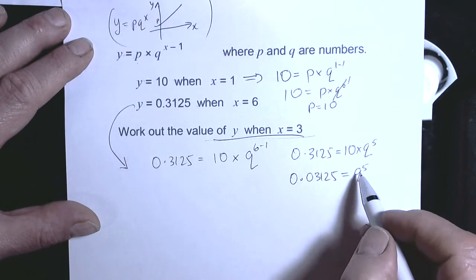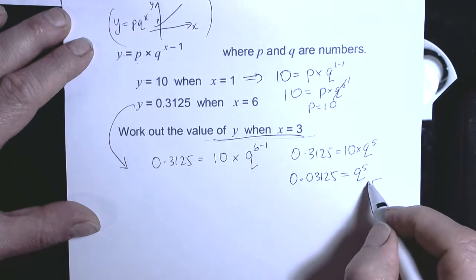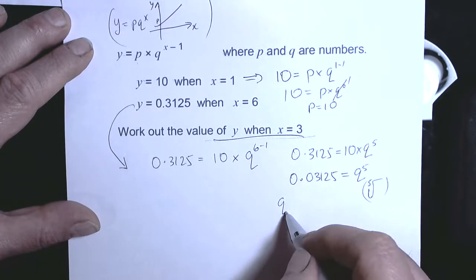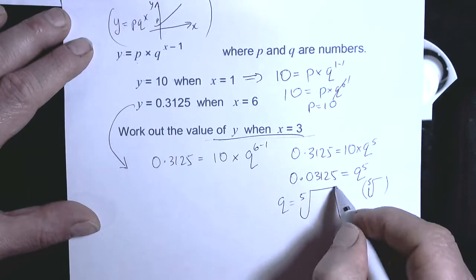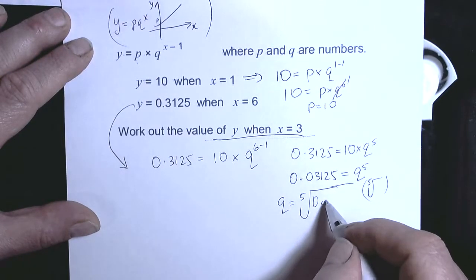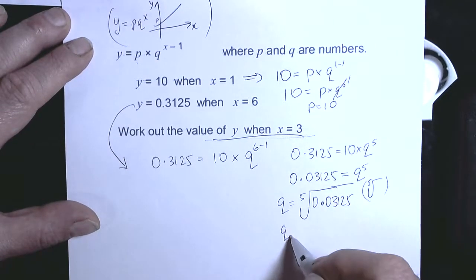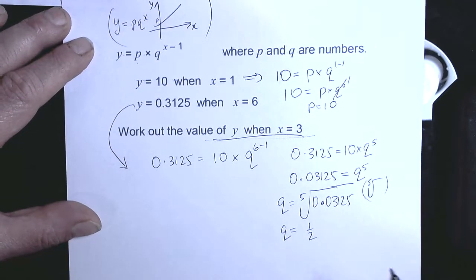Because we want to know what q is, we take what's called the fifth root. So we do the fifth root of this, so q is equal to the fifth root. Now you can use your calculators, but this is quite a standard one. So we know that q is equal to half.